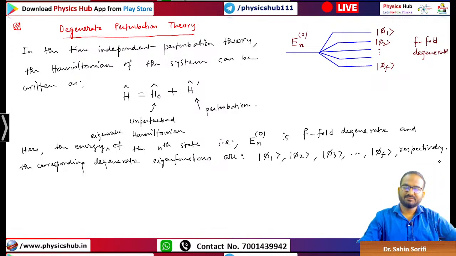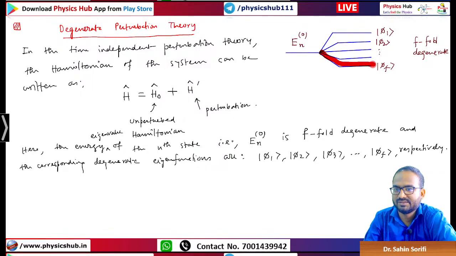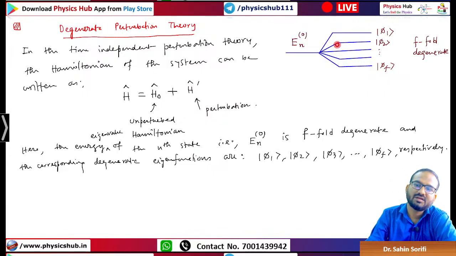Same energy as En: this state has energy En0, this state also has En0, and so on. All of them have the same energy. The states are different. I have just represented it this way for the sake of visualization.